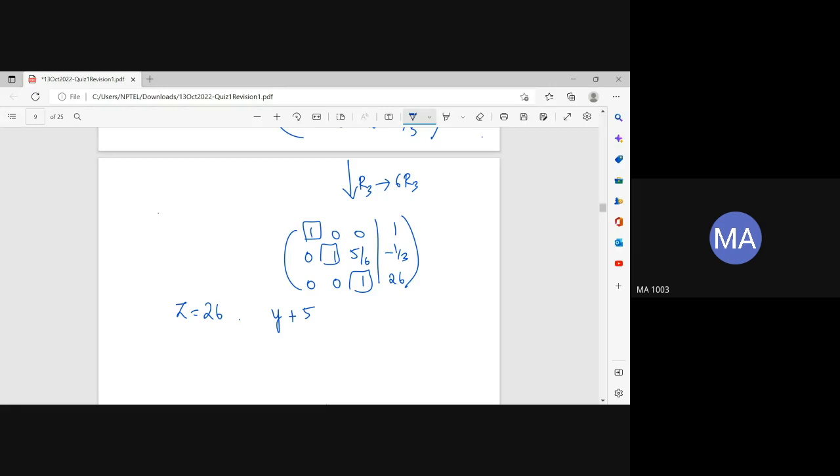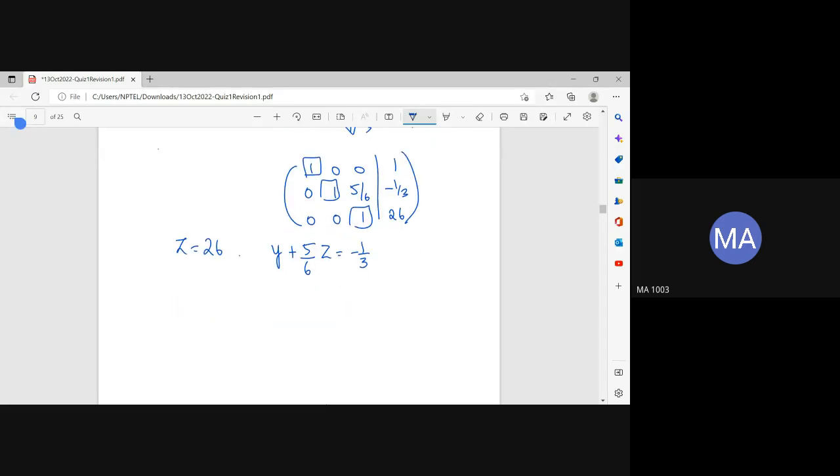I know Y plus 5 by 6 into Z is minus 1 by 3. So I'll get Y equal to minus 1 by 3 minus 5 by 6 into 26. This is minus 1 by 3, minus 65 by 3, which is minus 66 by 3, minus 22. X is 1. X doesn't depend on any of the other two variables.